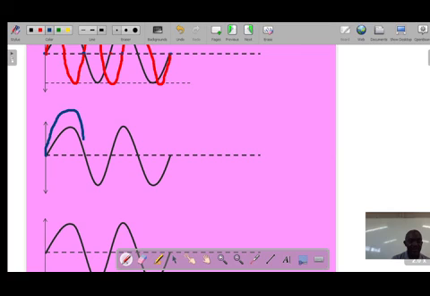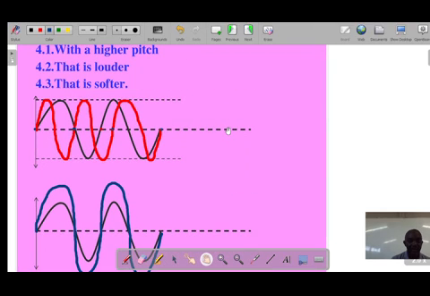Then it gets here, must be higher than that. Then even here, higher than this one again. Then here higher than this other amplitude, and then it's over the same time. Now that one has got a higher amplitude, and hence it is louder than the other one.